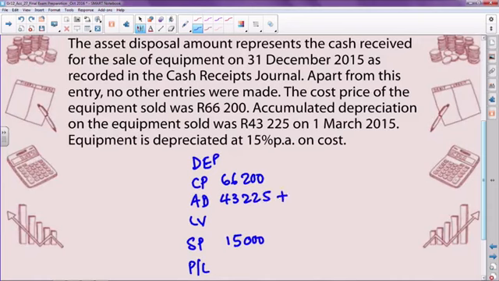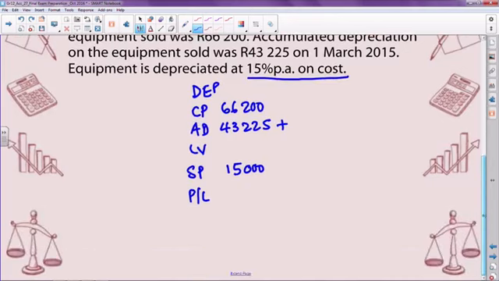Why? That's my balance at the beginning of the financial year. How do I depreciate? I depreciate by 15% per annum on cost. So immediately I go in and do my calculation, and I say amount, rate, and time. So I take the 66,200 over 1 times my rate is 15 over 100 times my time.